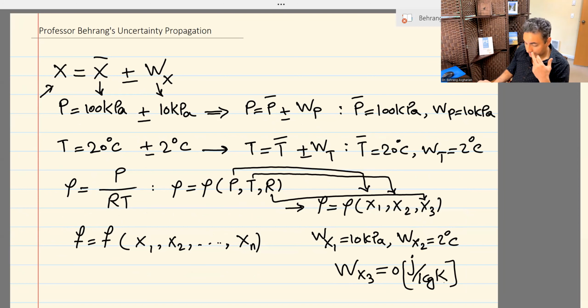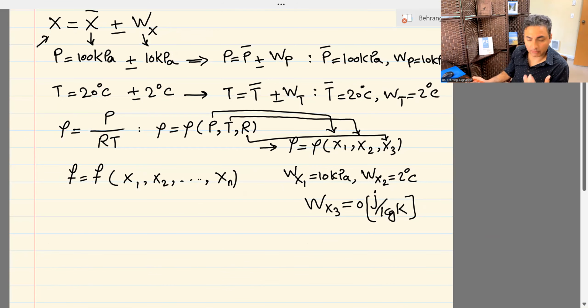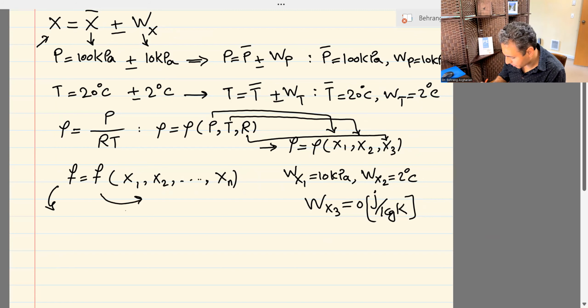Now, the uncertainty propagation theory says, you have to look up the theory, how they developed it. It says, if I have the function f like this, and the function is a function of a bunch of variables, x1, x2, x3, x4, x5, whatever, up to xn, we have n different variables. In the case of the ideal gas law that I gave you, n is 3, right?